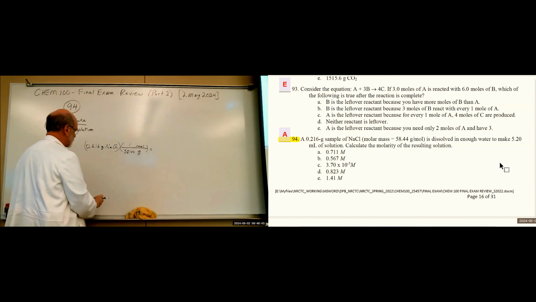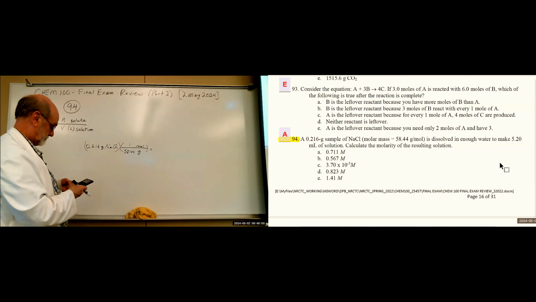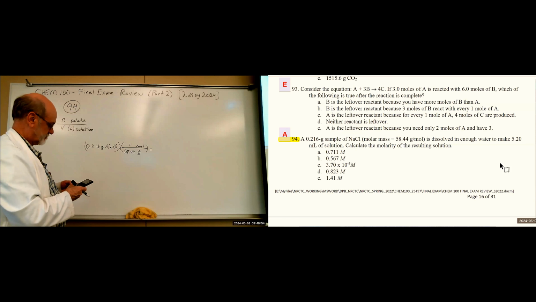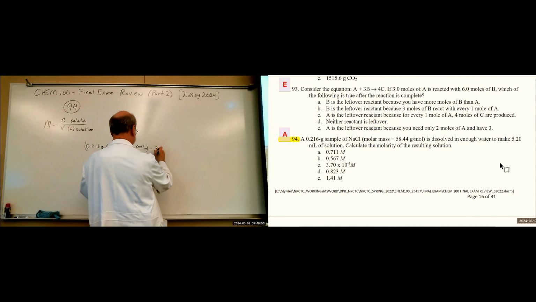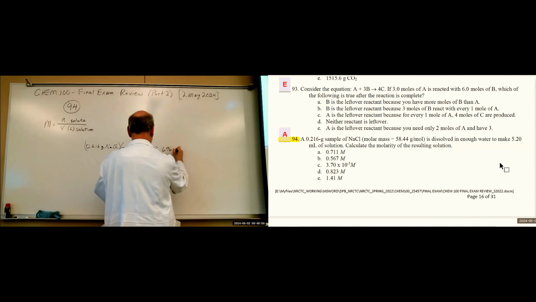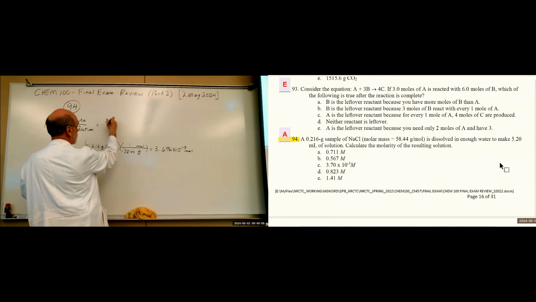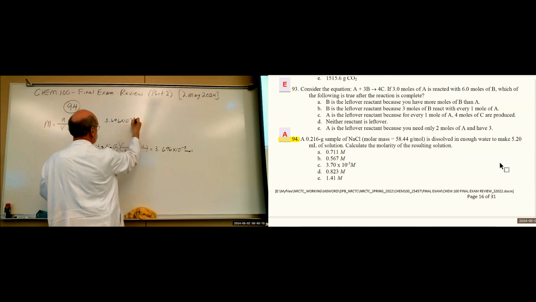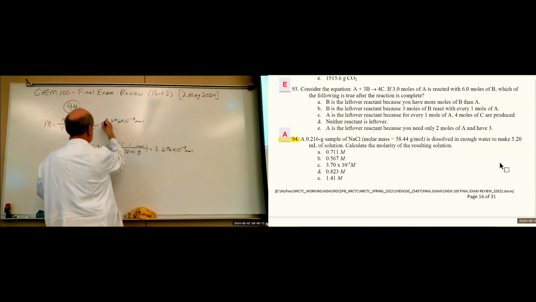So we'll divide that into 0.216, and I get 3.696 times 10 to the minus 3 moles. So that can go right here.